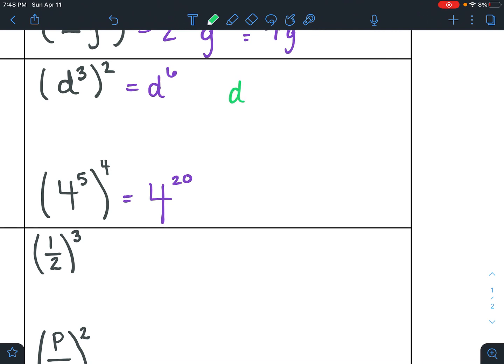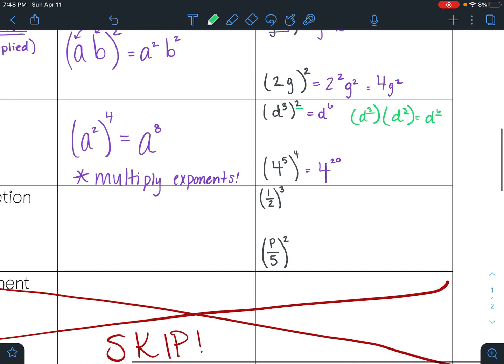That means I'm taking D to the third, and I'm multiplying that by itself twice. Here I've got things that are being multiplied, right? So I'm going to add my exponents. 3 plus 3 is 6. Same answer, just the longer way, the idea behind the rule here. All right, last one.